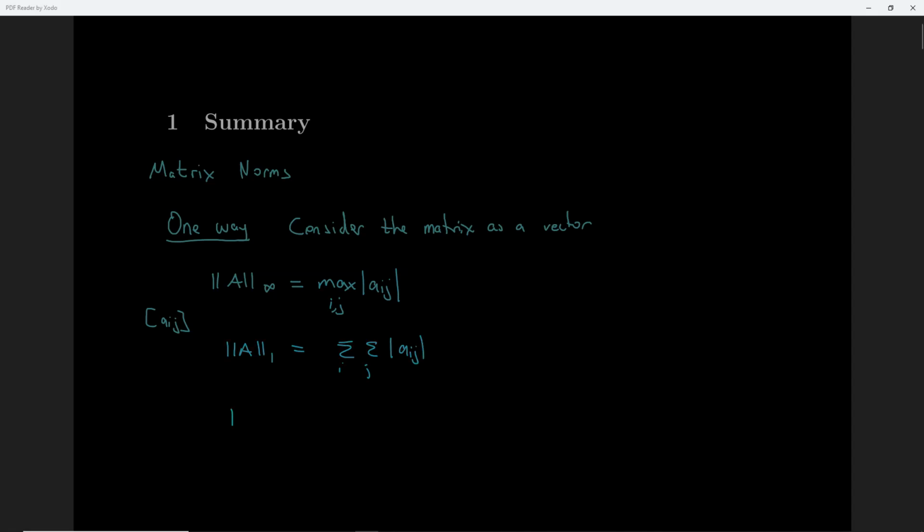And we also mentioned that, okay, you can do that for the L2 norm, which was, again, this double summation Aij square.